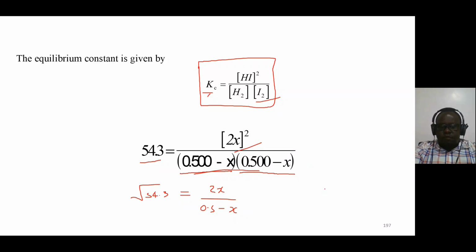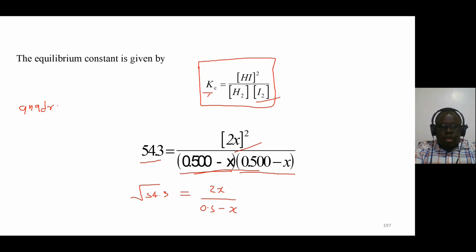Okay, so these are simple ways of finding X. Here you end up with an expression where you can easily find the value of X. But there are certain cases where you end up with quadratic expressions.